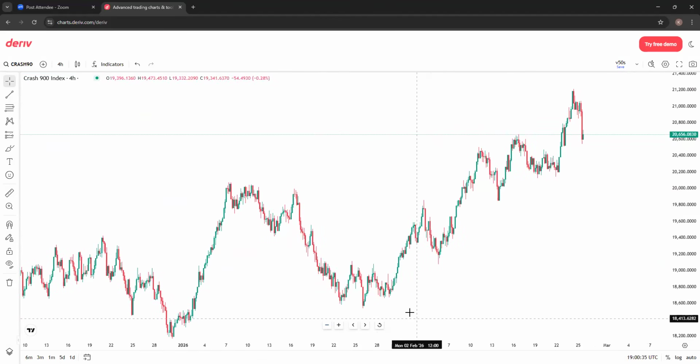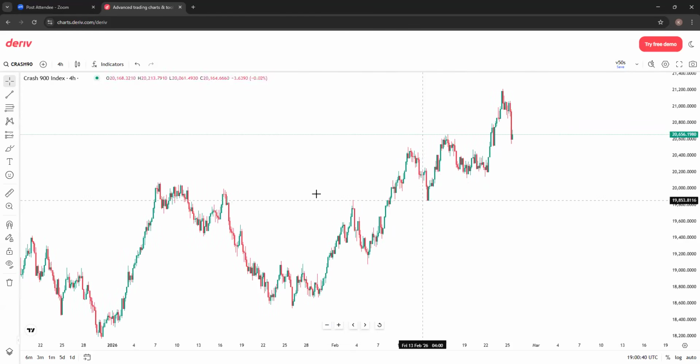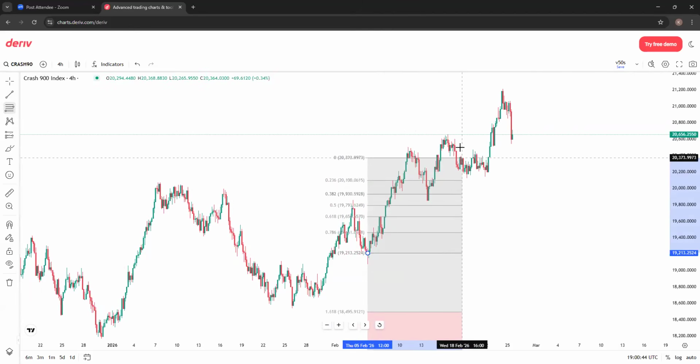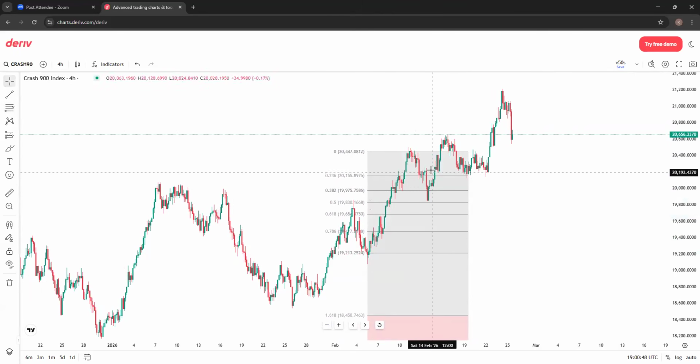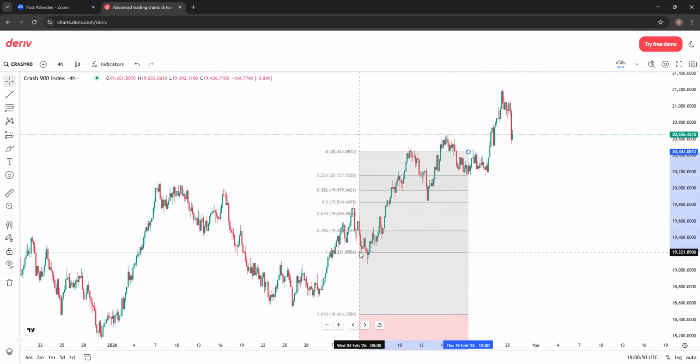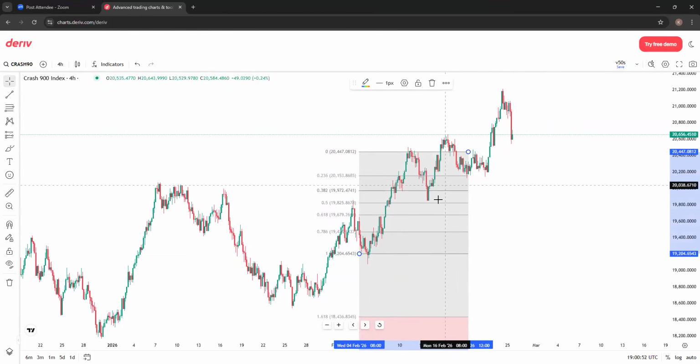We were in this uptrend, and as we were in this uptrend, if we take our fib from this low to this high, our retracement actually happened at the 50% there, right? Although it never really dipped in deep, as long as it was 50% or more, we can actually say that's where it reacted.